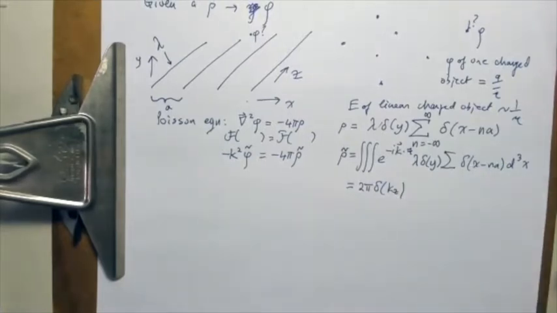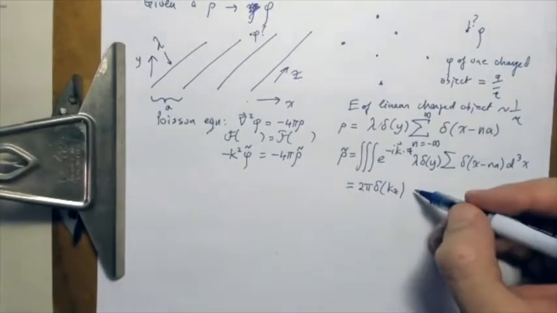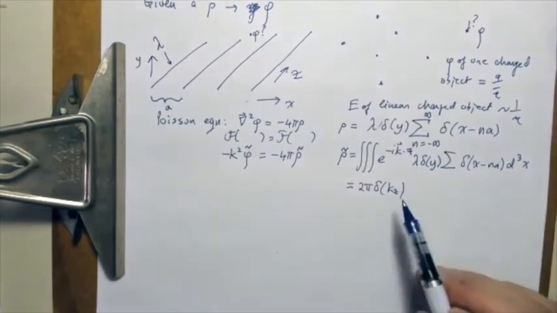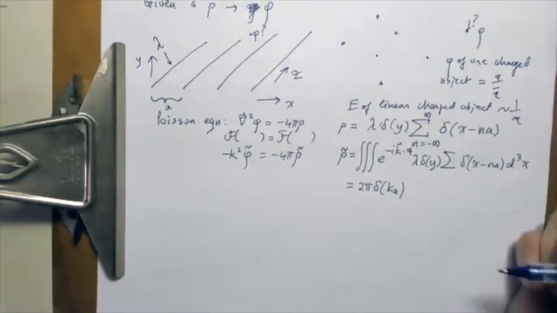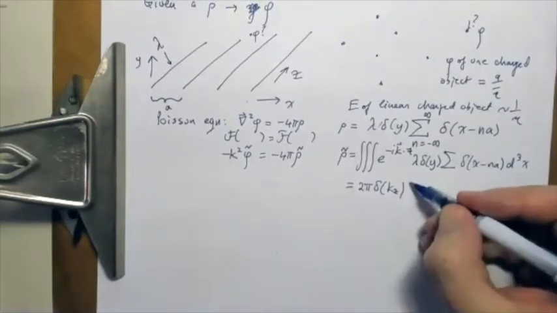So the y part of the Fourier transform vanishes, the z part gives you the delta function, and the only thing we're left with is the x part of the Fourier transform.